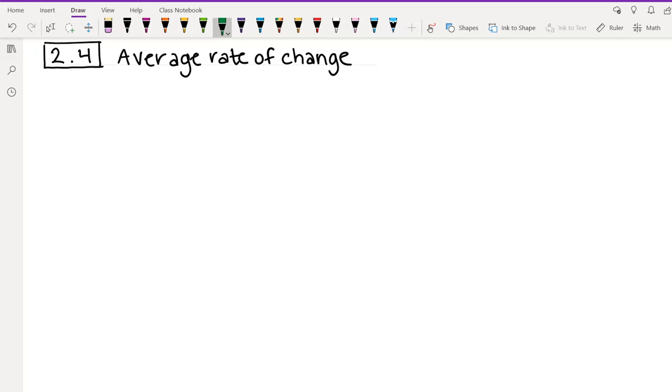Or distance, like say you're going on a walk or going on a drive and you're keeping track of how far you've traveled. All of those things are things that change as time goes on. And so the average rate of change is basically a way of measuring the rate at which that quantity is changing. So let me just write that down and then we'll get into a couple of examples.